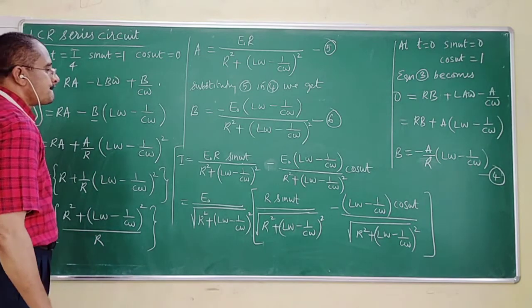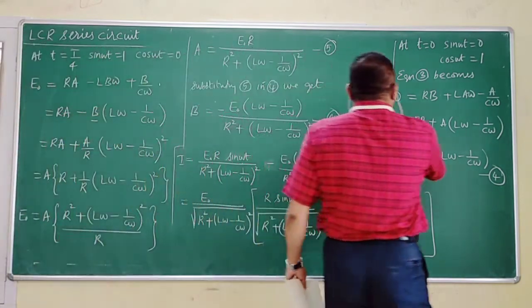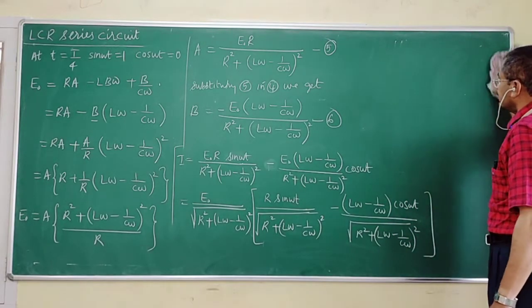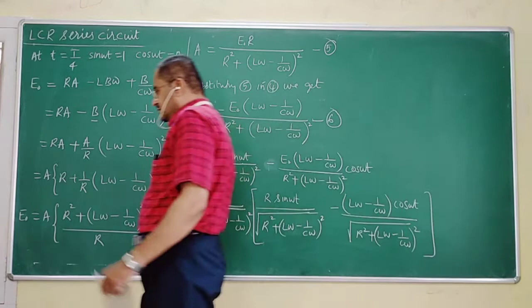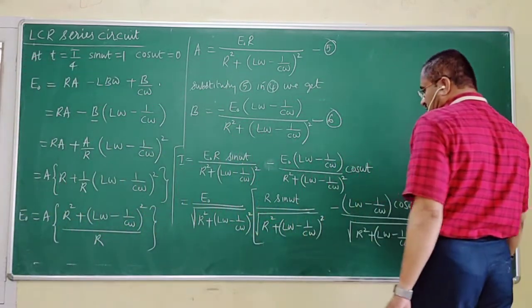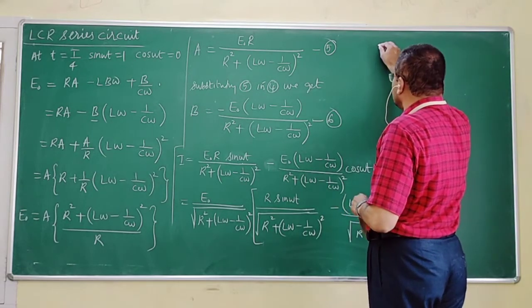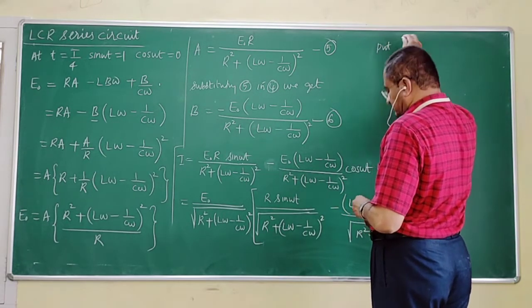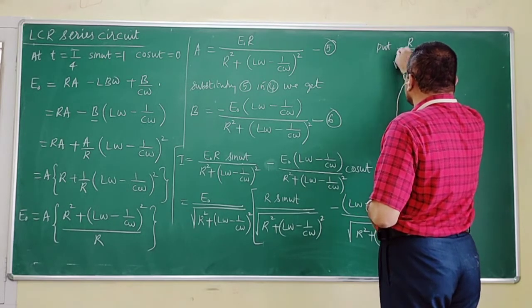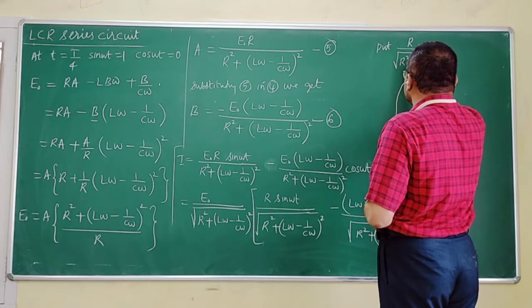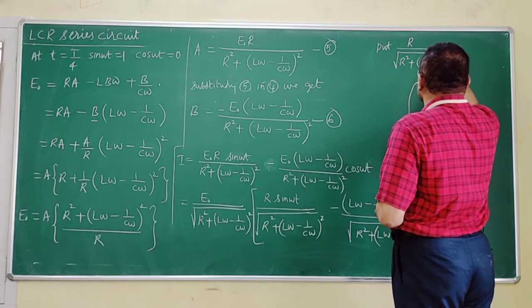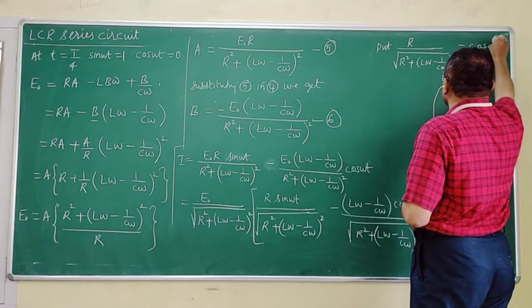Okay, sir. I will rub this part. Put R upon under root of R square plus L omega minus 1 by C omega the whole square is equal to cos phi.